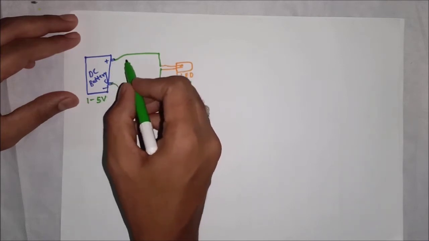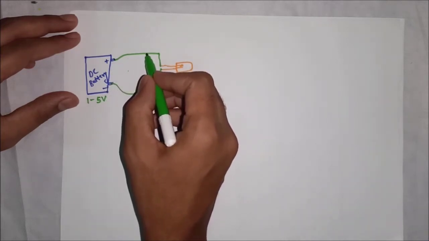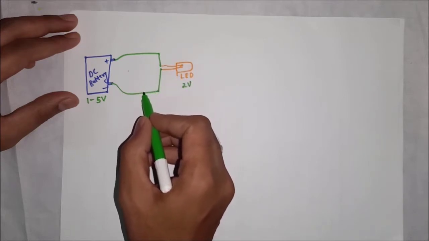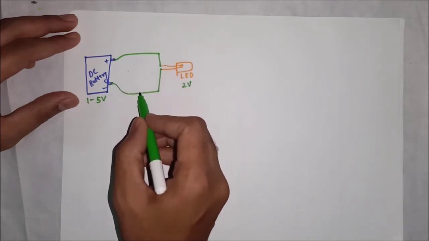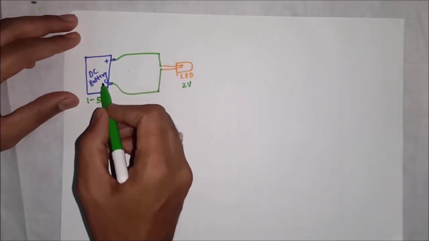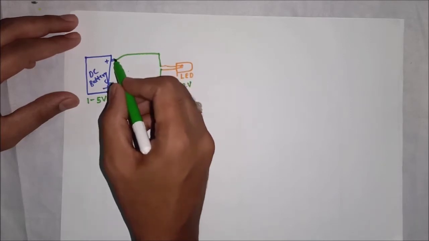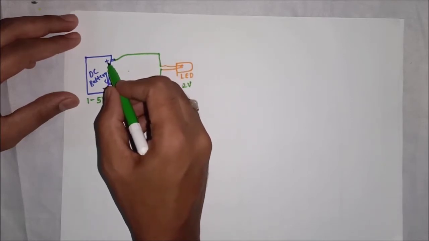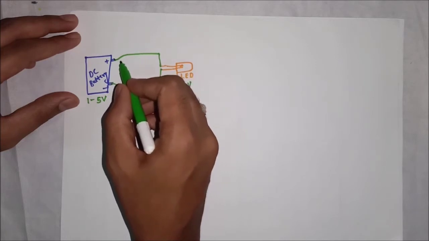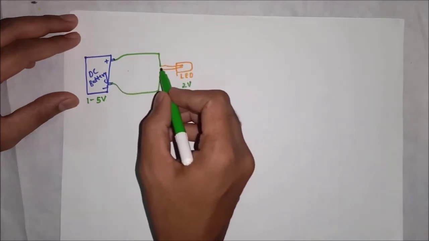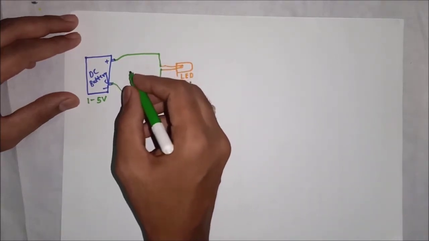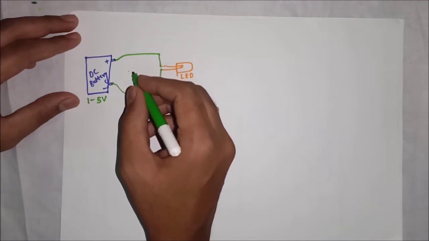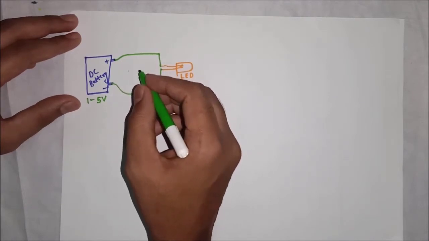Whenever high current flows, he has to take the current in this path and send it back to the battery. And if low current is coming from the battery, he has to allow it to pass into the LED. But can a person do that work? No. So I have one more device that can do that work.